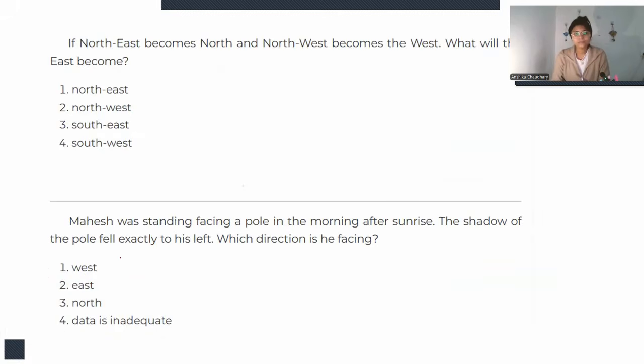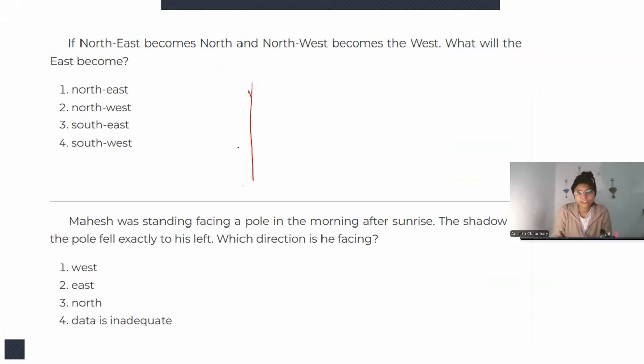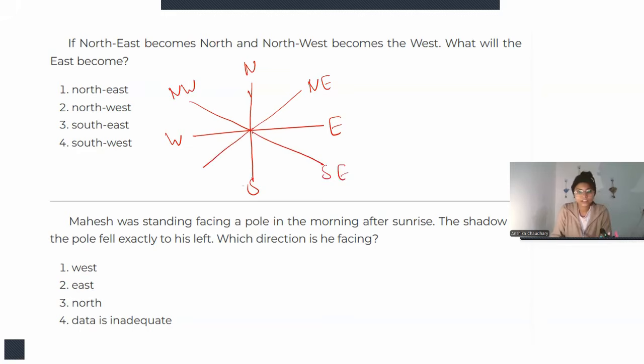The next question is, if north east becomes north. Okay, so let me make the direction chart: north, south, east, and west, right? And this direction is northeast, this direction is northwest, this direction is southeast, and this direction is southwest, right?